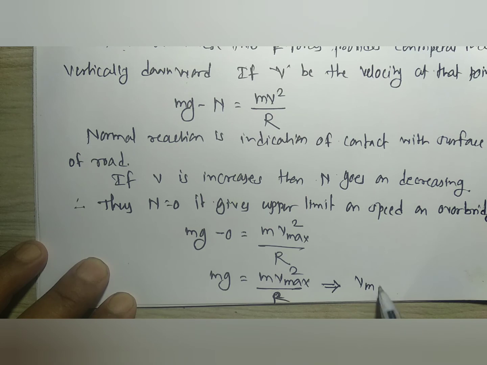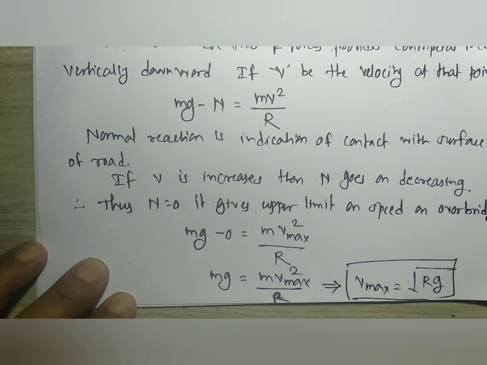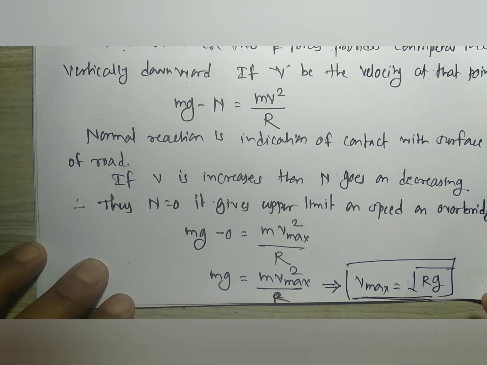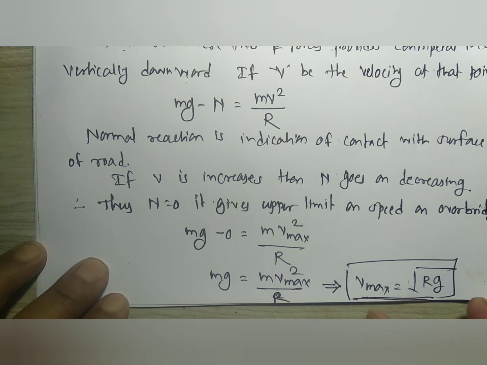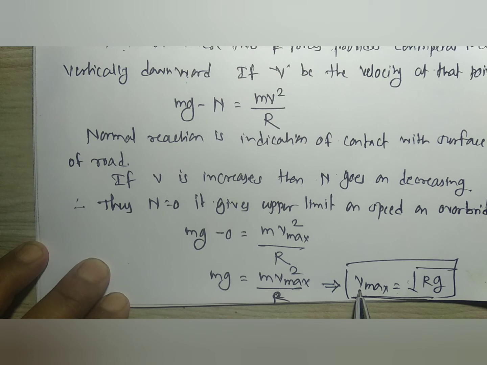We get v max is equal to square root of rg, and this is your expression for the maximum velocity when the vehicle is at the top of the convex overbridge. It gives the speed limit for your vehicle when moving on the convex overbridge, which is nothing but v max is equal to square root of rg. That means the maximum velocity of a vehicle when it moves on a convex overbridge.